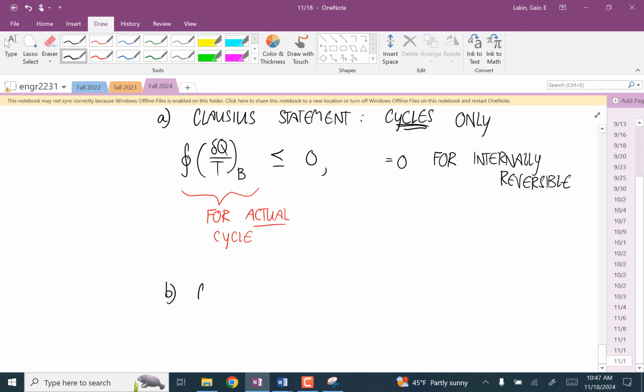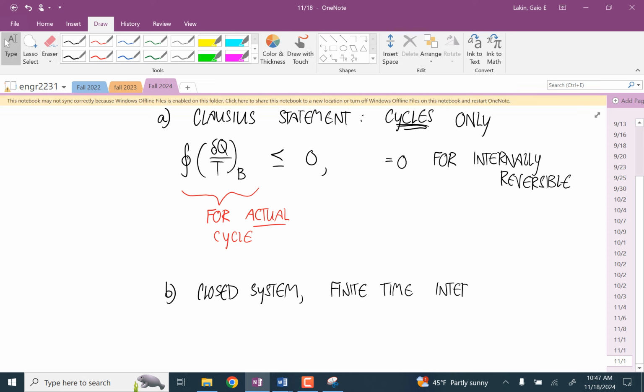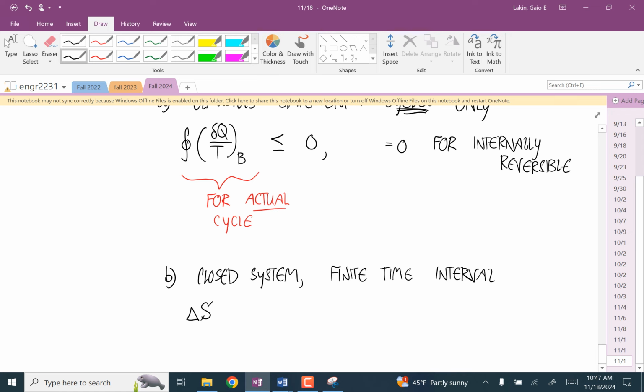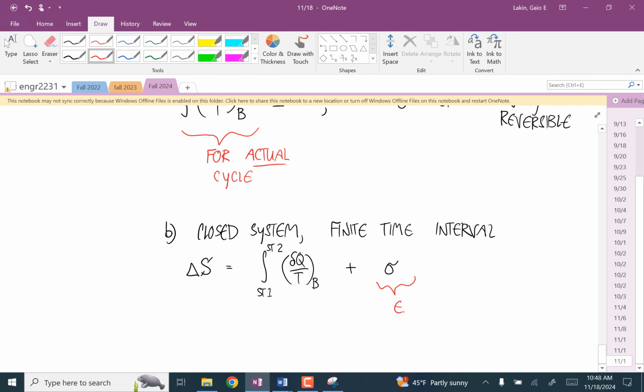Then second, for a closed system, over a finite time interval, we know that the change in extensive entropy is equal to the integral from state 1 to state 2 of dq over T around the boundary plus some sigma, and this is the entropy produced.